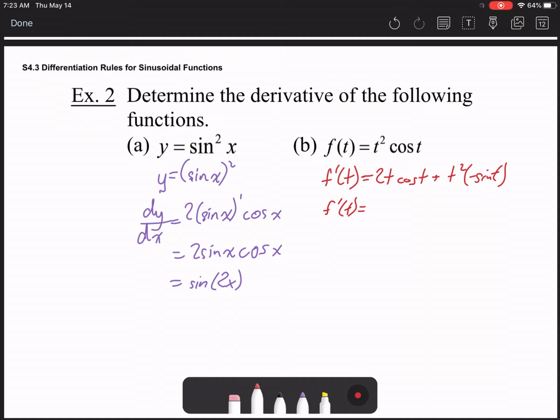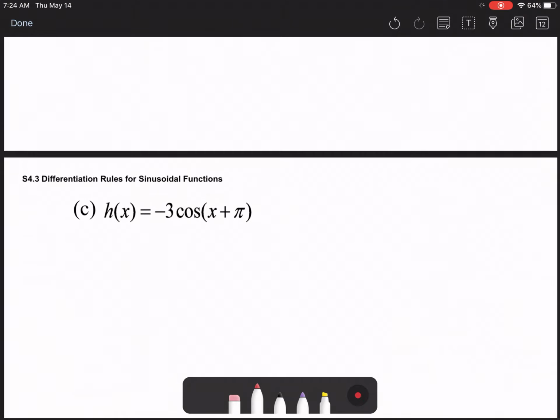I'm only going to common factor a t out of both of these. I leave t. I'm left with 2 cosine t minus t sine t. Again, it's preferable to put it in fully factored form in case you ever want to find the zeros of the derivative. Okay, moving along.